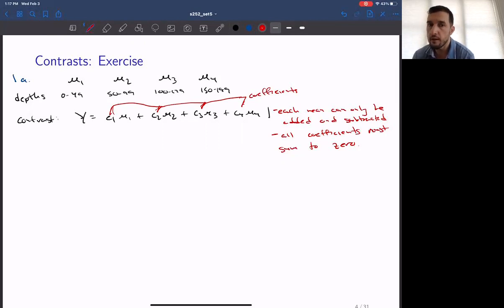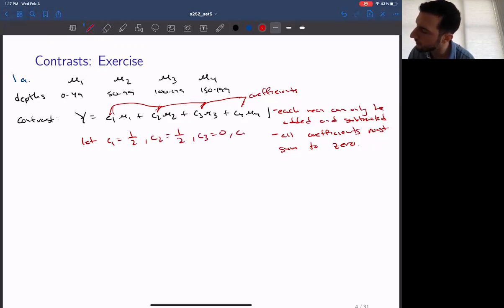So there's a few different ways that you can go about doing this. One way that you can do this is as follows. So let C1 equal 1 over 2, C2 equal 1 over 2, C3 equals 0, C4 equals negative 1.